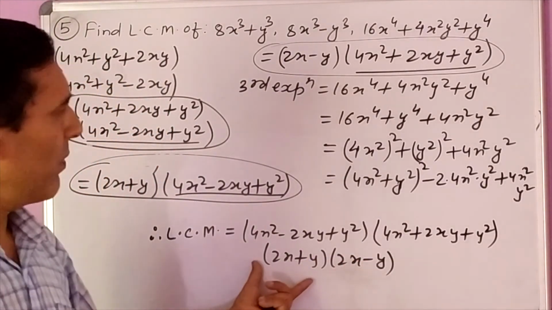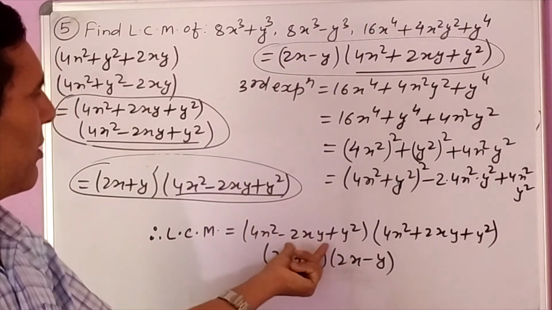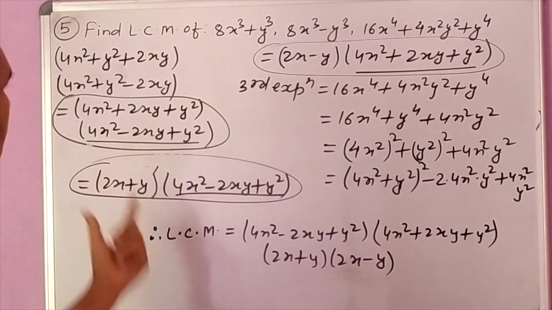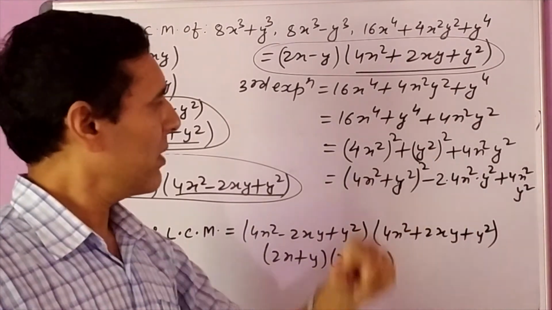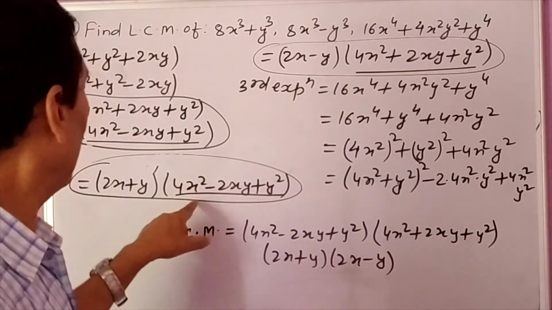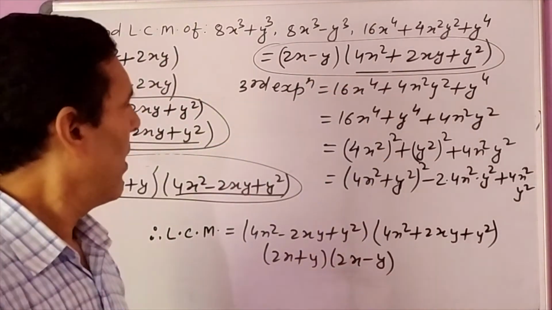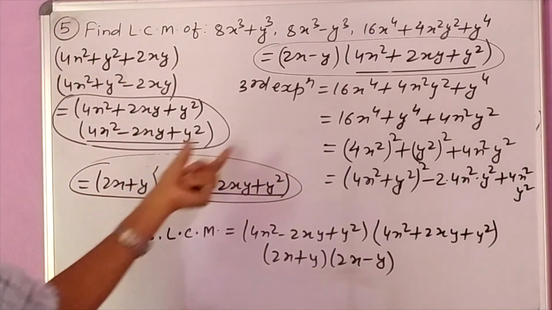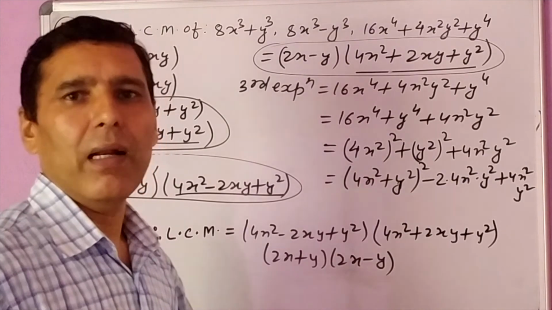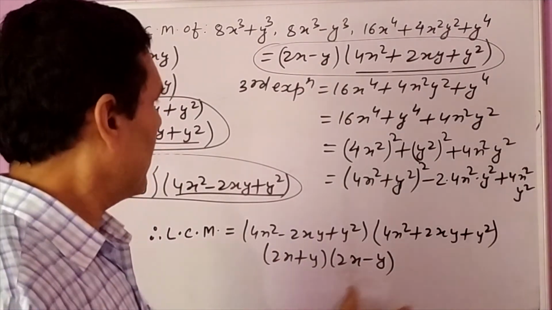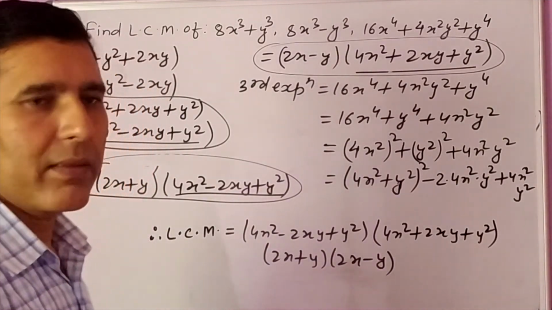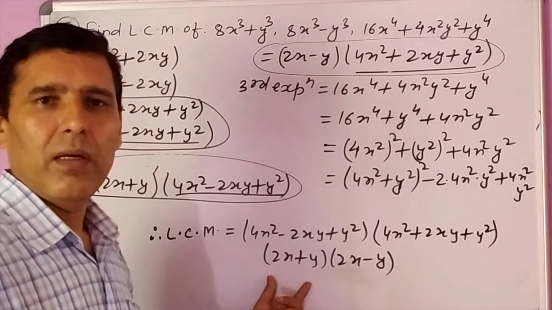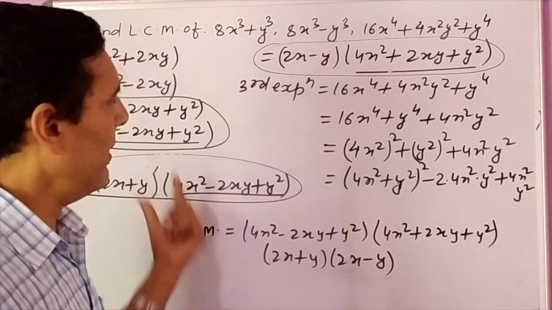In this way, 4x square minus 2xy plus y square we got common in two expressions. Similarly, 4x square plus 2xy plus y square we get common in two expressions. And 2x plus y and 2x minus y are not common. So this is the product of the common factors and remaining factors. So this is the LCM of the given three expressions.